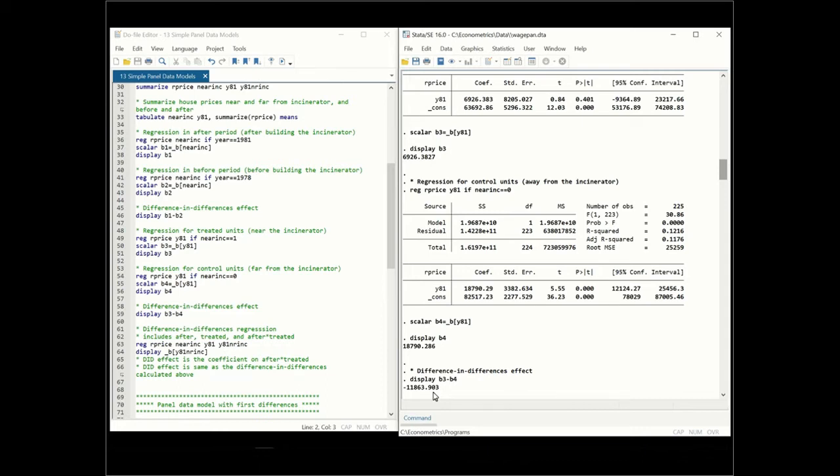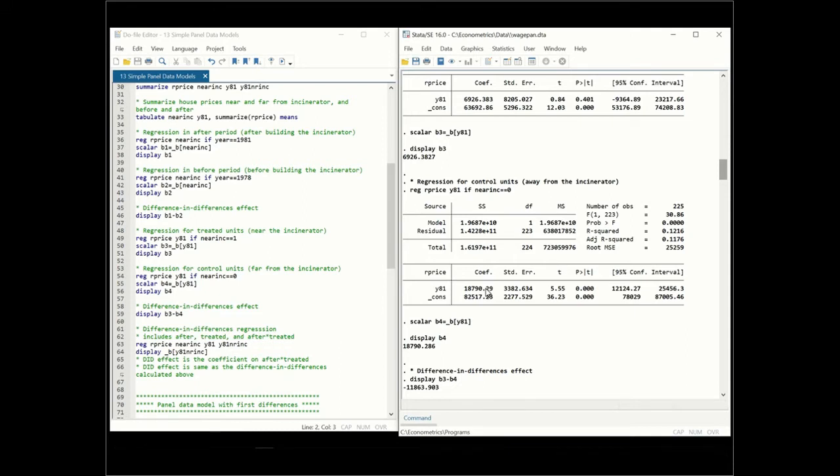And notice that now we're taking the difference in another way, which is we took this is the before and after for the treated units, and this is the before and after for the controlled units. And then we're doing the treated minus the control.